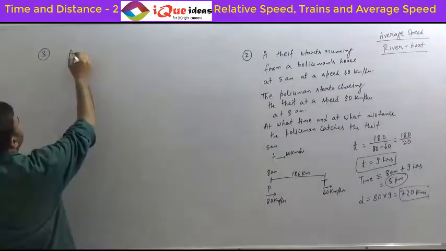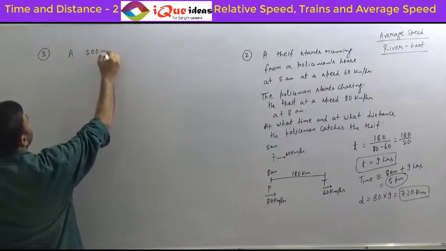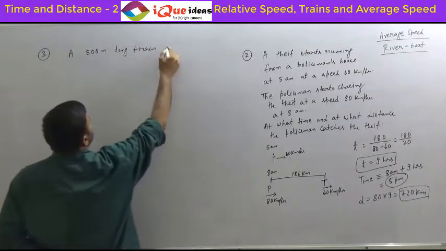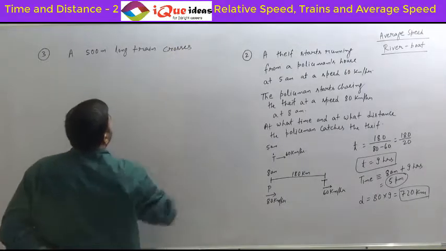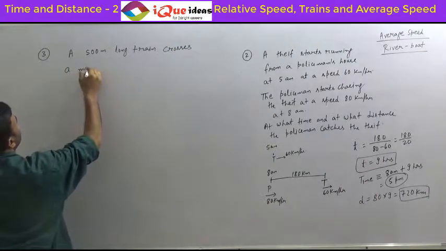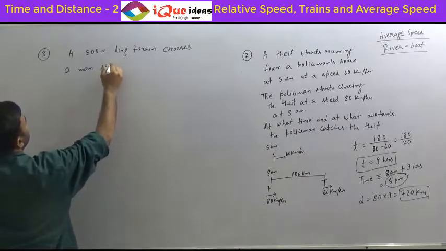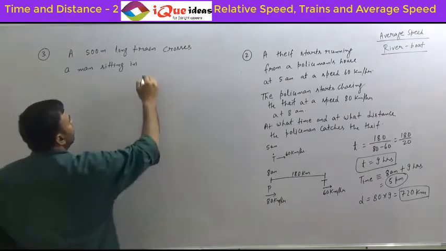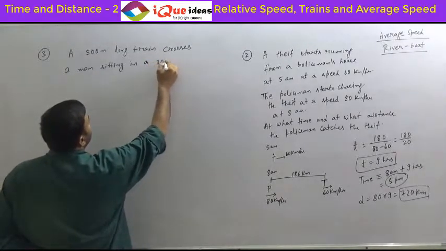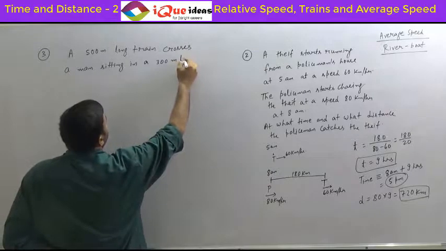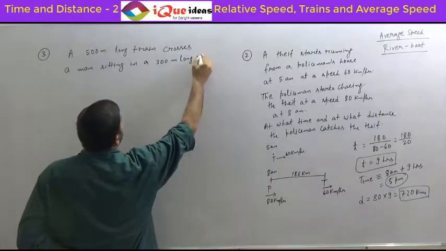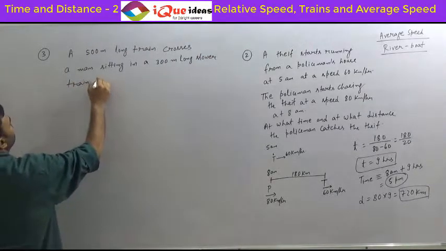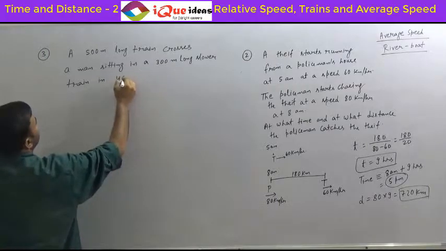Duration is 9 hours. A 500 meter long train crosses a man sitting in a 300 meter long slower train in 45 seconds.